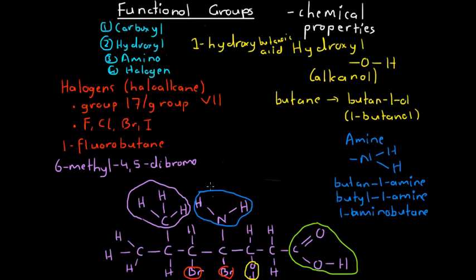Now on carbon number 4, we've got an amino group, so we put 4-amino. On our 3rd carbon, we've got a hydroxyl group, 3-hydroxy. Now we're up to our acid finally.